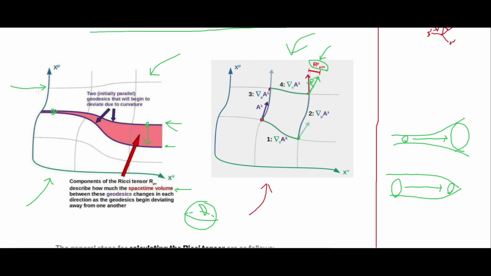Even though these lines look like they're bent, it's actually the space that is bent, and the geodesics are the straight lines through that bent space. By looking at how a sphere or a circle changes in volume between two geodesics, you learn something about how much the space is bent.